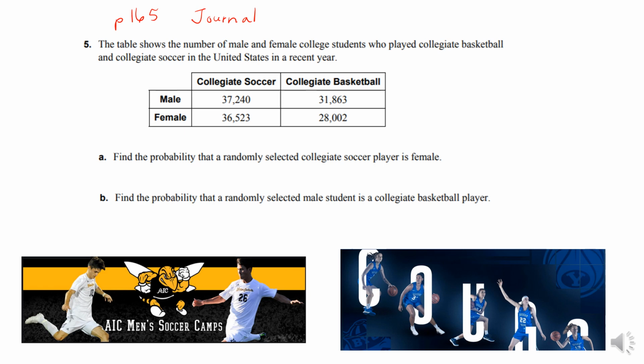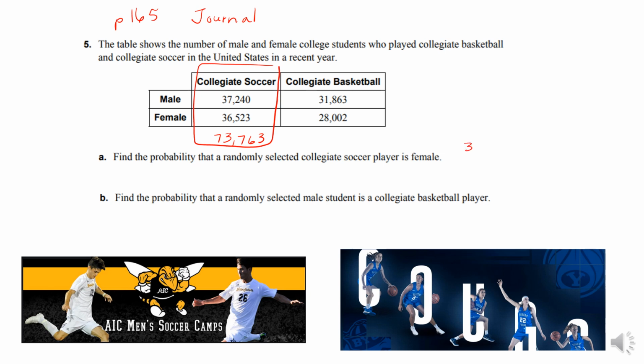So first thing we want to do, find the probability that a randomly selected collegiate soccer player is a female. So we're going to go to the soccer players. We're going to find the total number of soccer players, and that is 73,763. And now we want to know what percentage, or what's the probability, that one of those is a female.